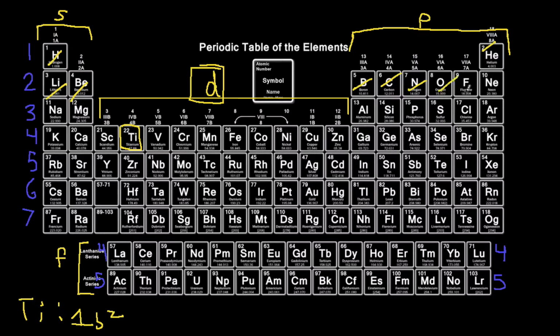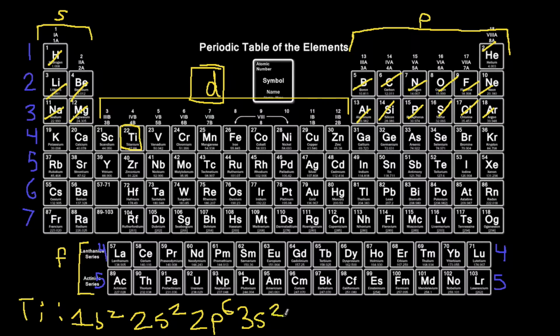So are all of these. So we'll write 2s2, 2p6. 3s2 is also full. And so do we get 3p6 as well? Okay, so we'll write 3s2 and then 3p6. So this is where we're at right now.